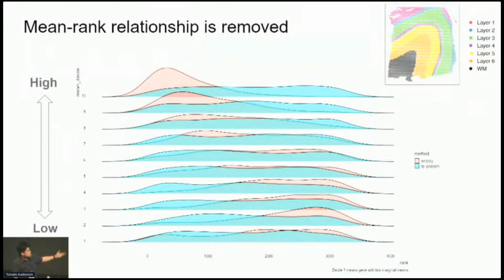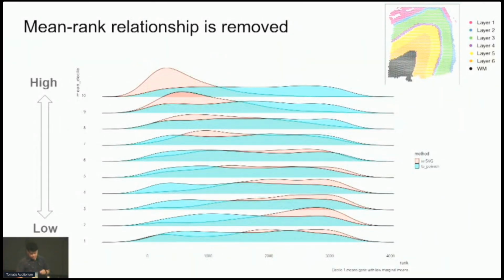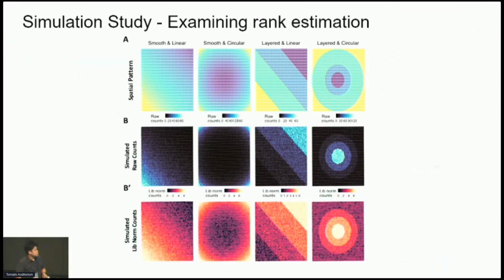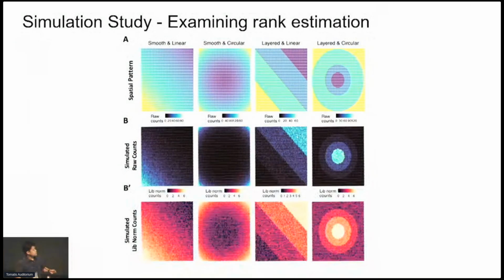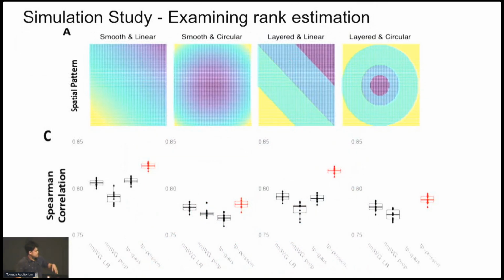This is a quick result showing that if we use the Poisson distribution, shown in gray, you don't see this artificial mean rank relationship. We also did a simulation to see the rank estimation under different data generating mechanisms, and we see that using the thin plate spline with Poisson actually improves the rank estimation.